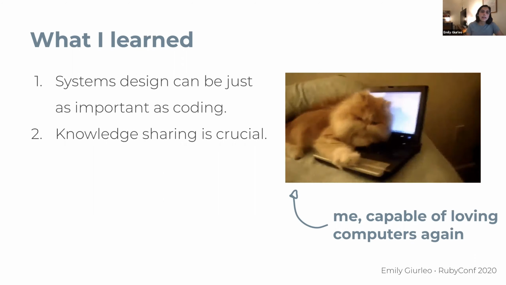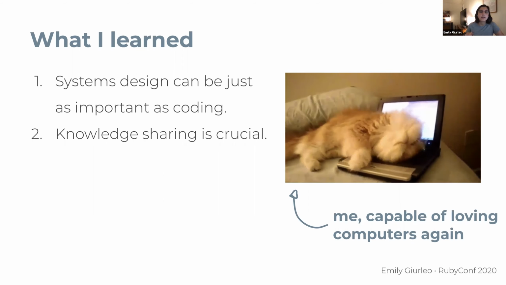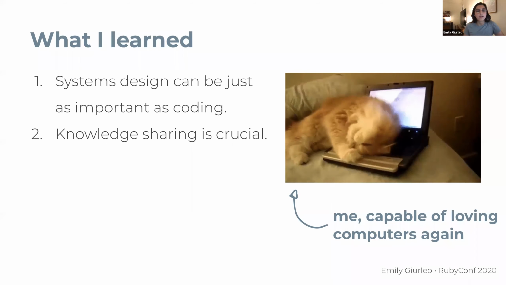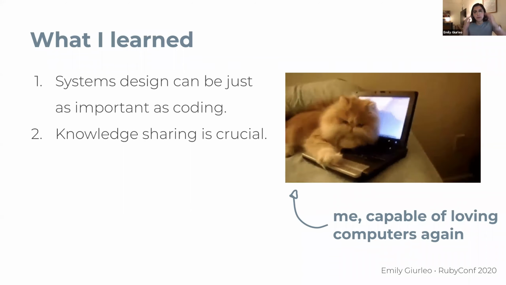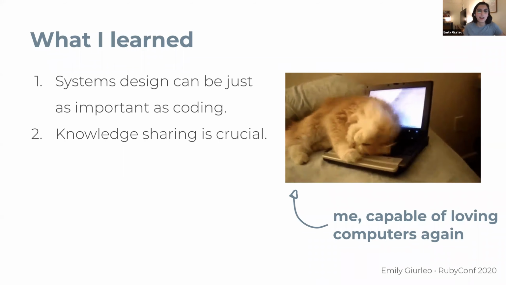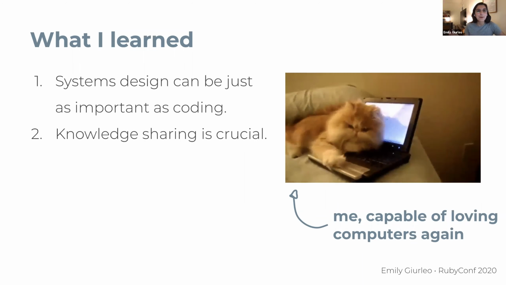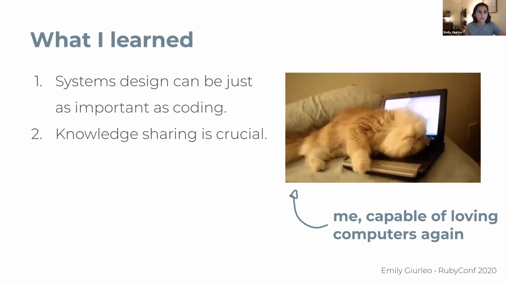And then the second thing that I learned is that knowledge sharing is very crucial, especially in an area where there is not a lot of documentation or knowledge to begin with. So I don't know how many of you have spent time researching C extensions, but the API is basically not documented by any official source.